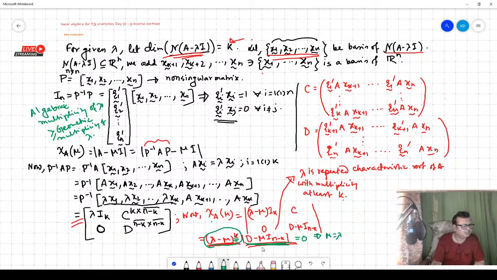So that's why I write at least instead of exactly. From this portion you clearly see that lambda is a repeated characteristic root with multiplicity exactly k, and you may get a solution of mu as lambda from the other portion also. For this reason I write at least instead of exactly.